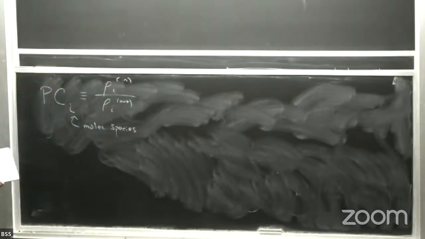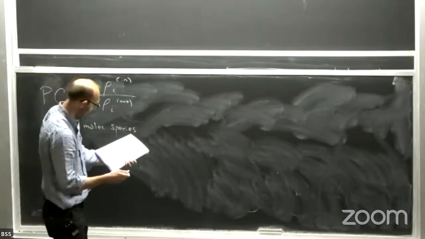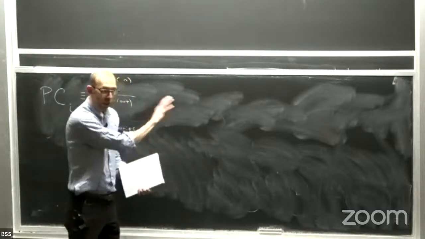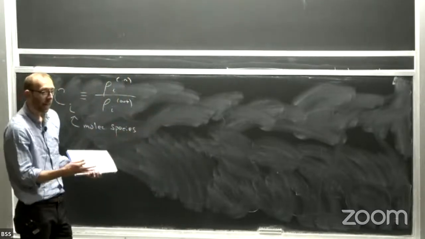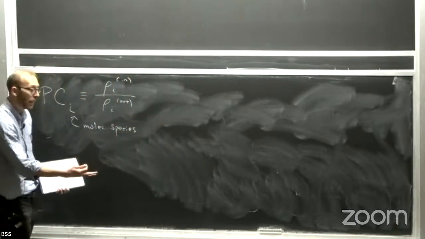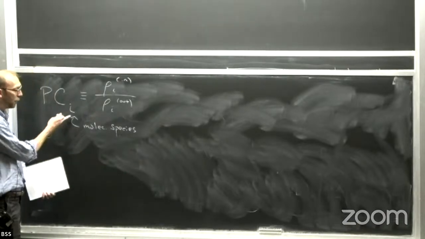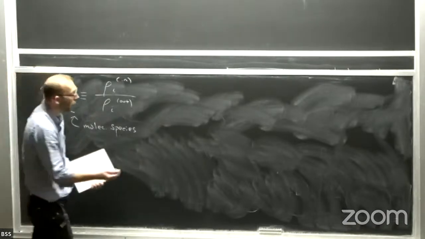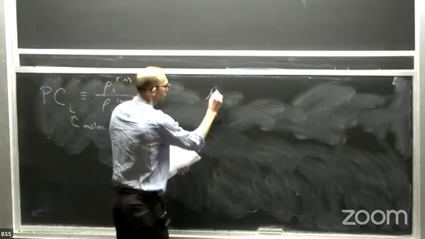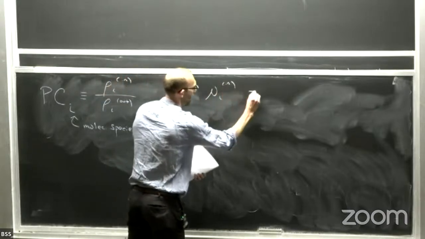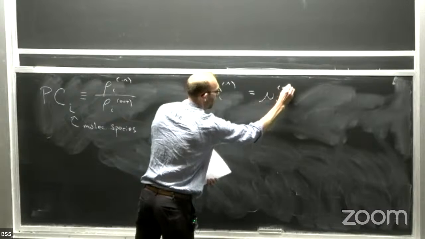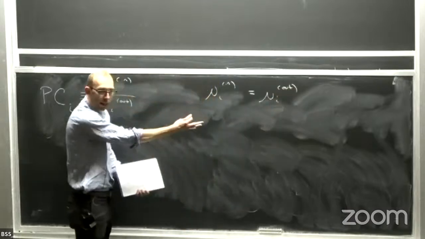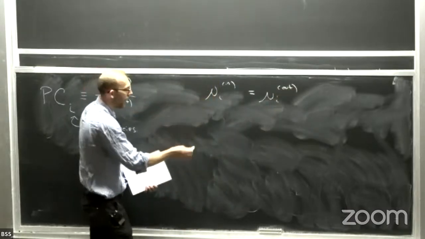But we also know that in general, in order to have phase coexistence, we need to have equal chemical potentials. That has to be established for each molecular species individually. So therefore, we can write that the chemical potentials are the same inside and out.